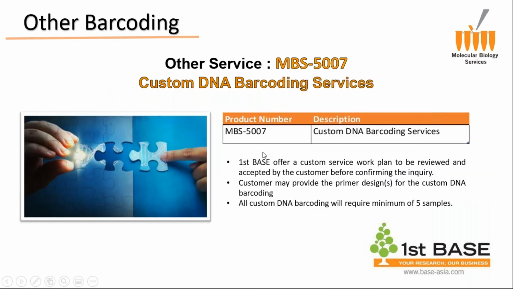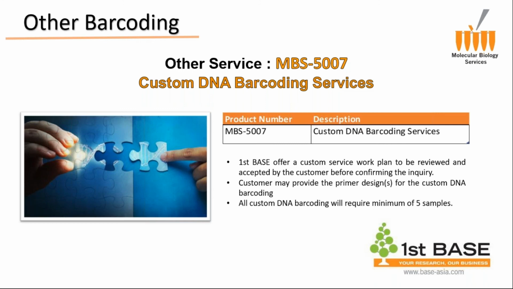Another custom service that we provide: not only can we develop a custom kit, we can also customize the DNA barcoding service specifically for our customer. First Base offers a work plan, which can be reviewed and accepted by the customer first.